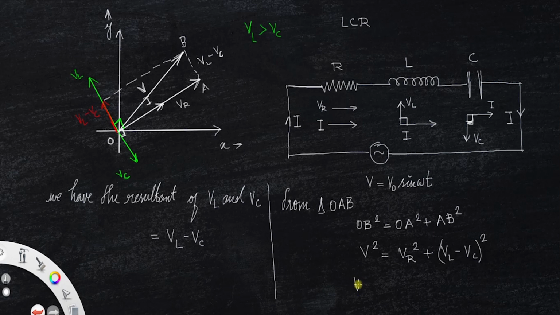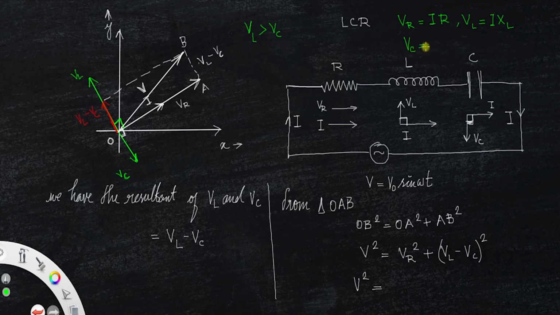Now V square is equal to, we know VR, that is voltage across the resistance, is equal to I times R. Similarly, voltage across the inductor is equal to I times XL, where XL is the inductive reactance.